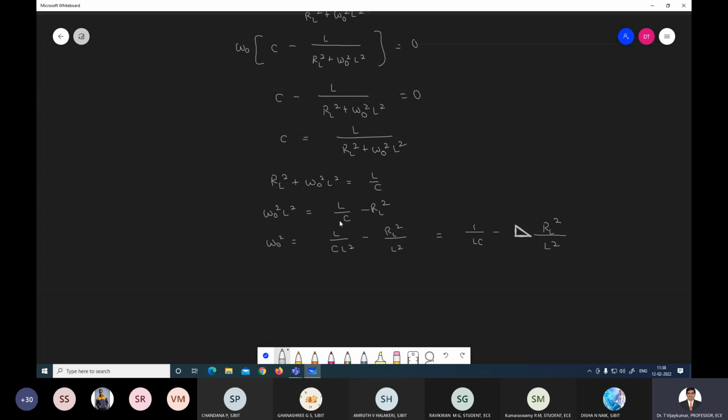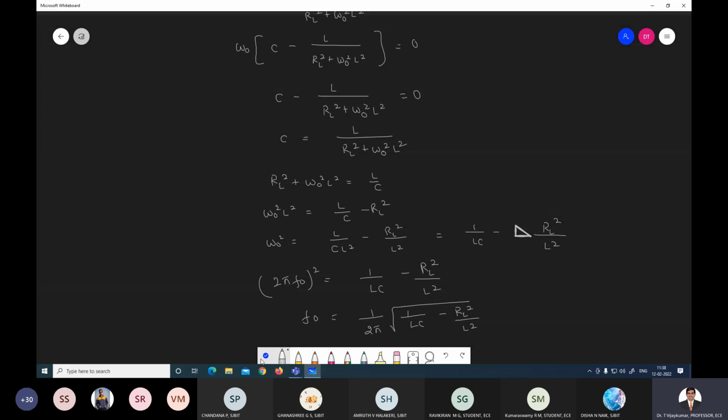That is, omega naught, which is 2 pi f naught, whole square, is equal to 1 by LC minus RL square divided by L square. So f naught is equal to 1 by 2 pi square root of 1 by LC minus RL square divided by L square.